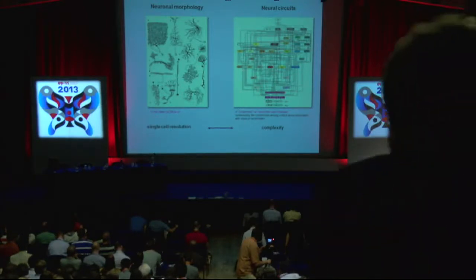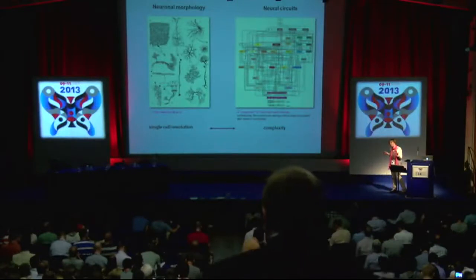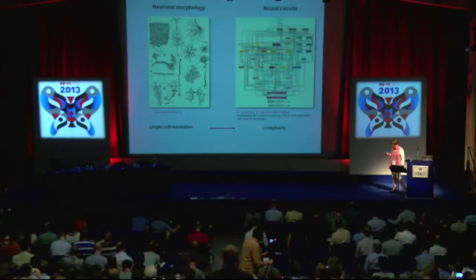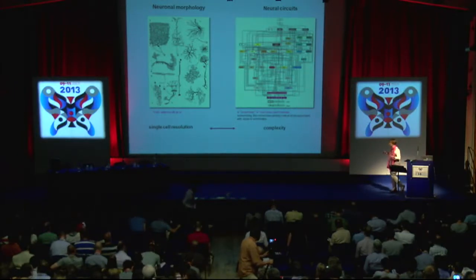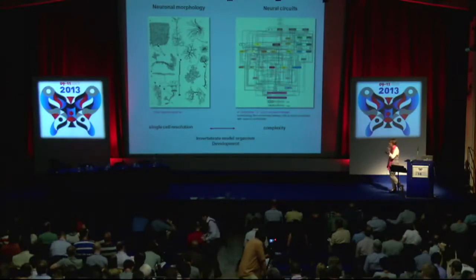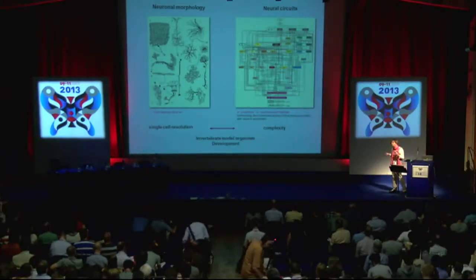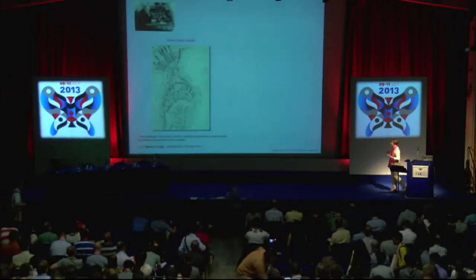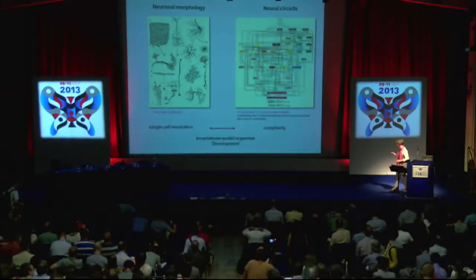So in order to really tackle the challenge of understanding the brain, we need to find a balance between single-cell resolution and the complexity of neural circuits. There are many ways people tackle neural circuits, and one, which we have chosen, is to turn to simpler model organisms, in particular invertebrate model organisms.